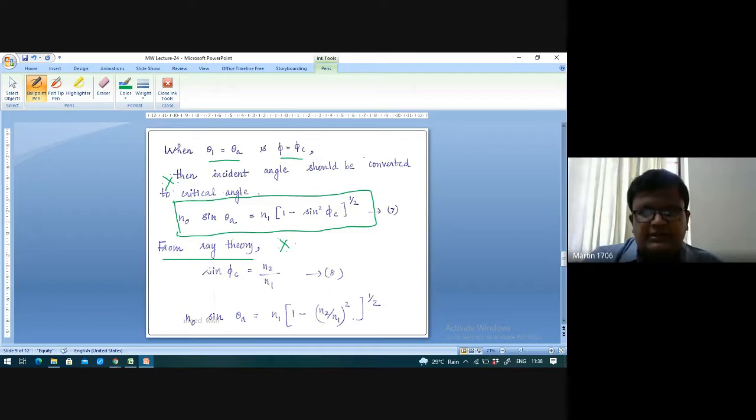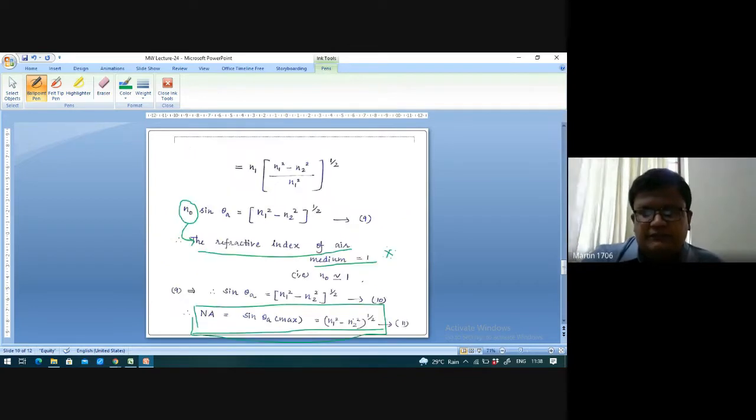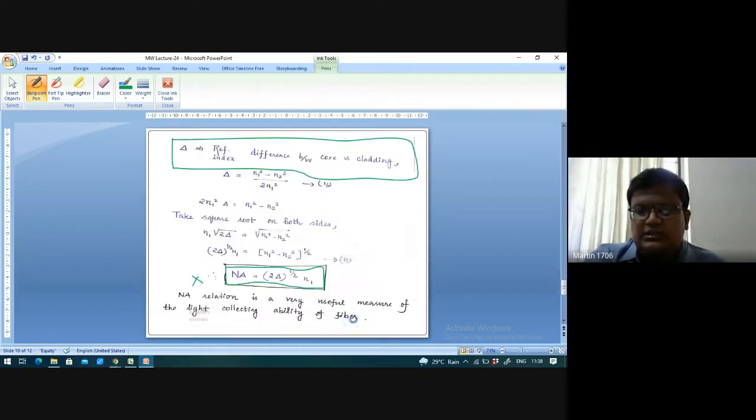Then we obtained this critical condition and got the seventh equation. After that, we applied the refractive index of air equal to 1 and got this expression, which is the numerical aperture in terms of refractive index. At last, using the refractive difference, we obtained the revised numerical aperture. You should remember both numerical aperture expressions for the problems.